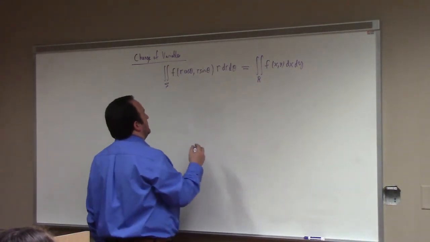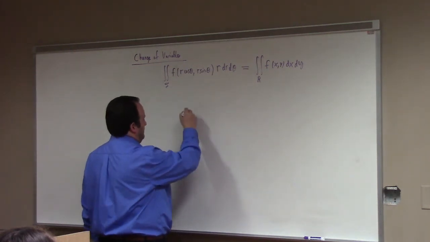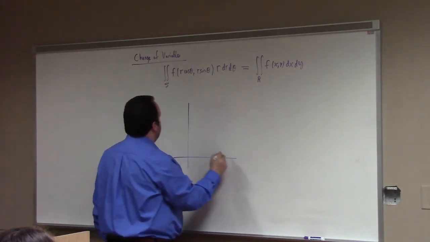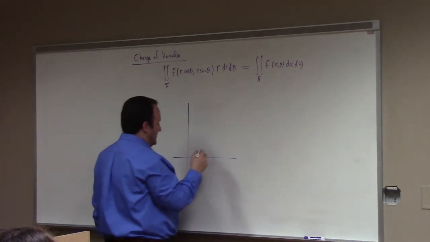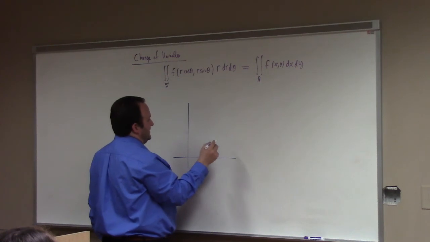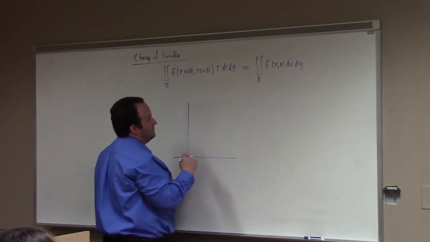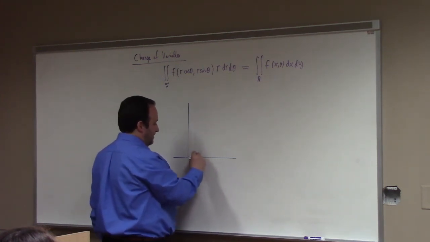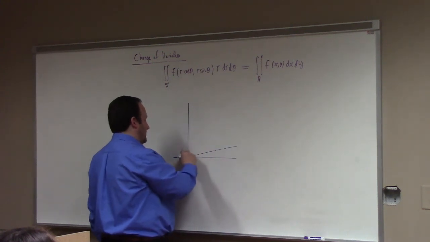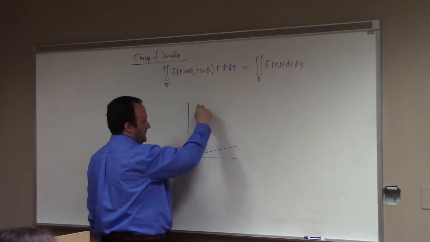So let's let the polar region be relatively nice, and I'm going to draw the picture in the Cartesian plane. Suppose the region actually looks something like this.